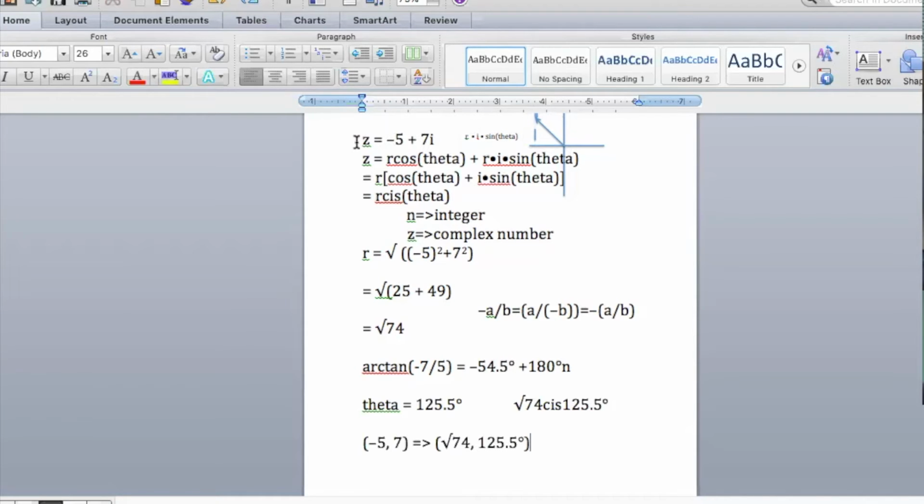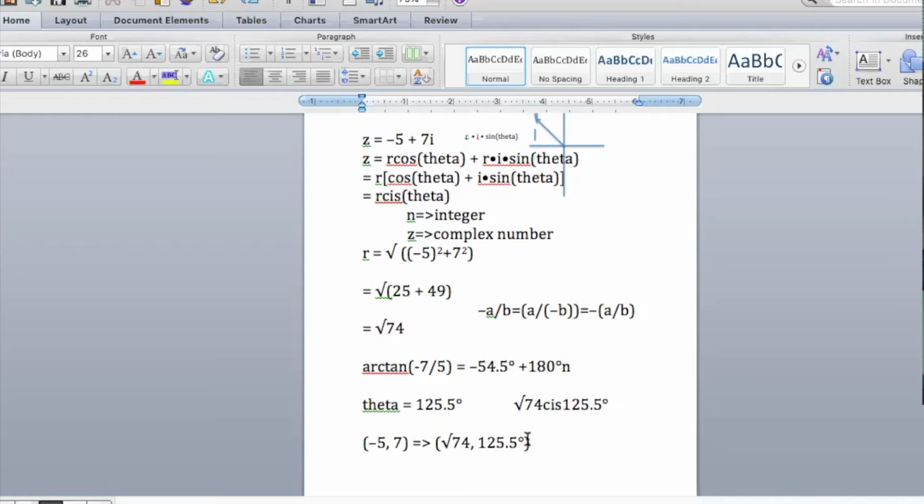So if you're asked to turn this, which is a complex number in rectangular form, into a complex number in polar form, this is the right answer. The mistake that is most often made in the classes that I've taught is this right here. This would not be the right answer to this question.